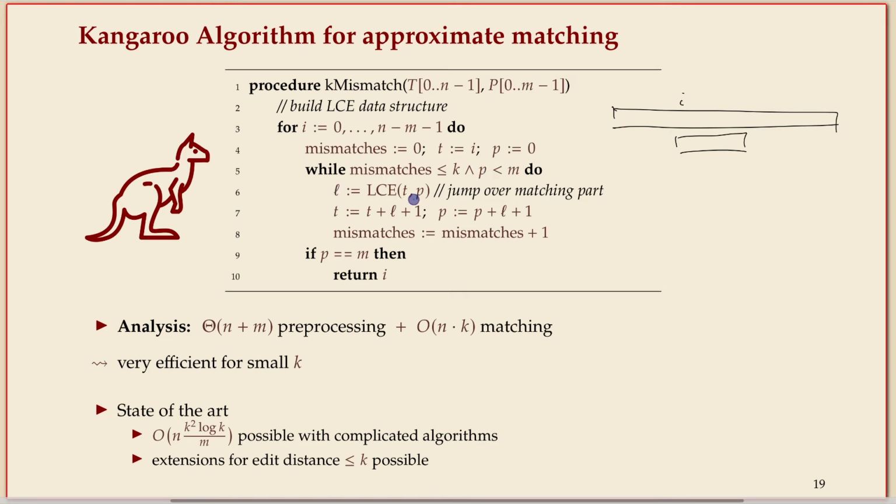So you'll have to decode the formula for the two positions, but I hope I didn't make a mistake. So you jump over the matching part. And then there's one mismatch position that you count.